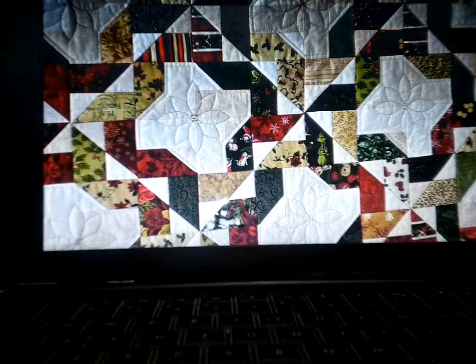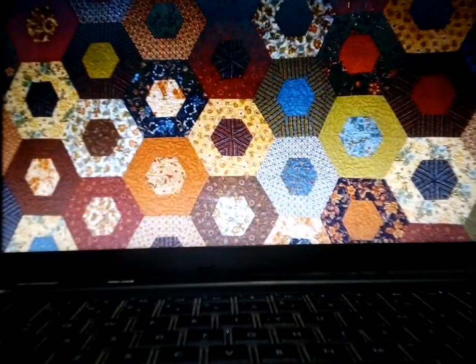Tessellations are all around us and you can see them everywhere. For example, you can see the beauty in the things that people create.